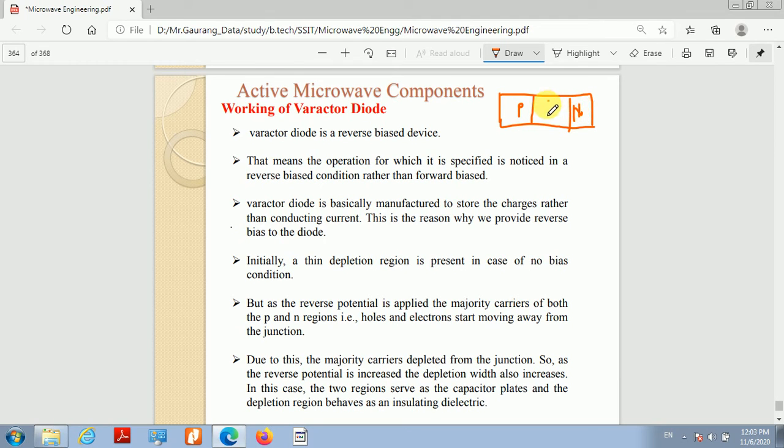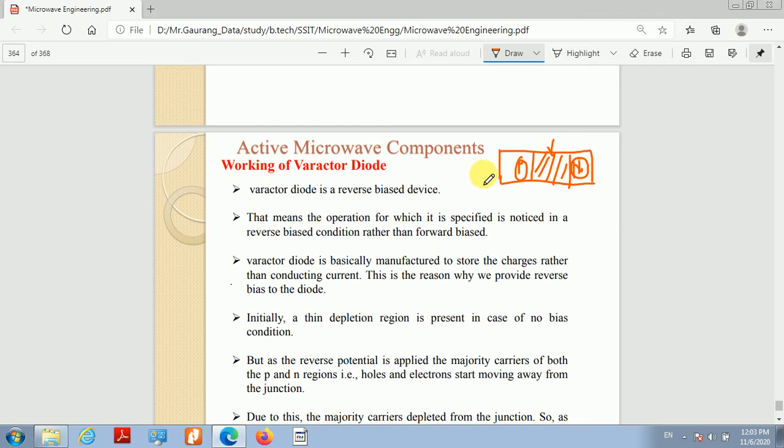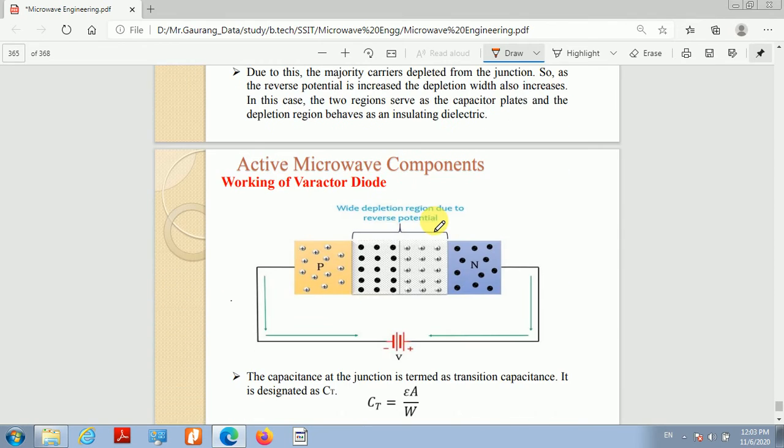The P and N material behave as the two plates of the capacitor, and the depletion layer in the diode behaves like a dielectric material. In short, under reverse bias condition, this diode behaves as a capacitor.